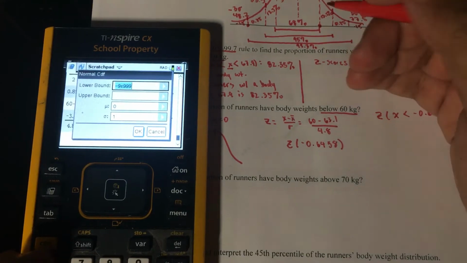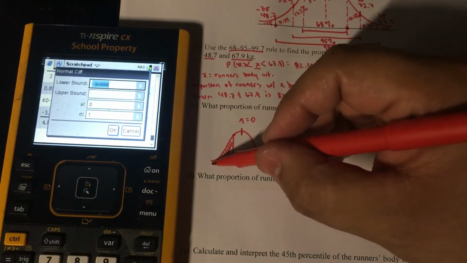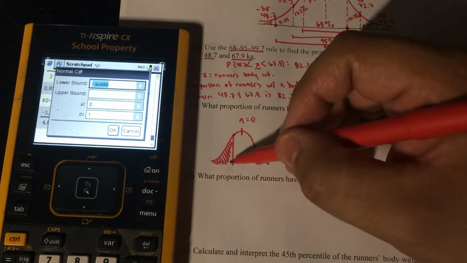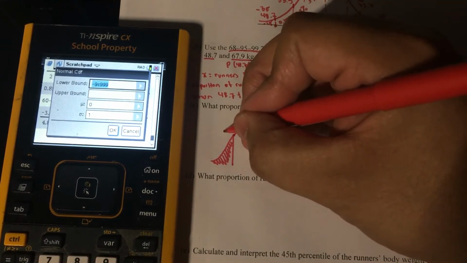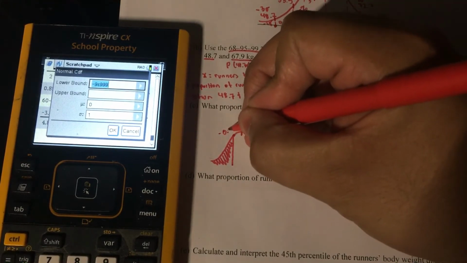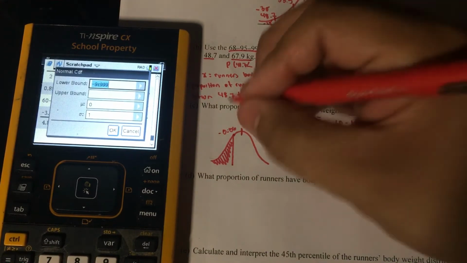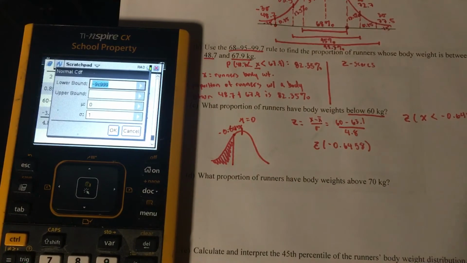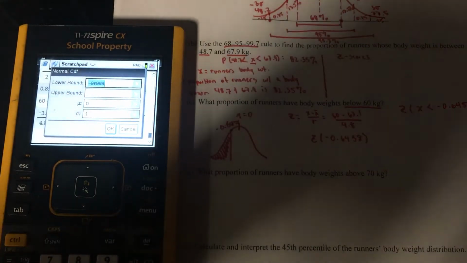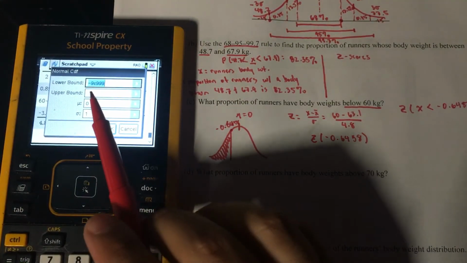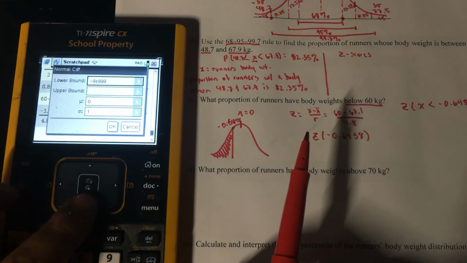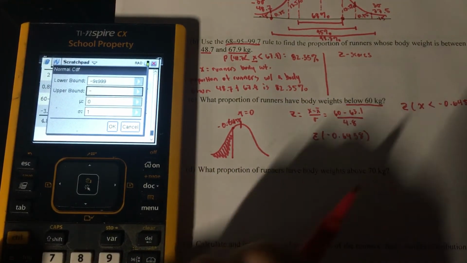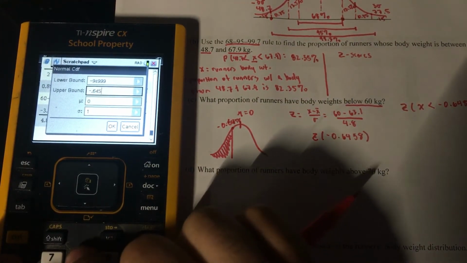Okay, so remember, here what I'm dealing with is the smaller side, so the negative side, and then I go all the way up to negative 6458. Okay, so this small number is okay, and then my upper bound here is going to be negative 0.6458.